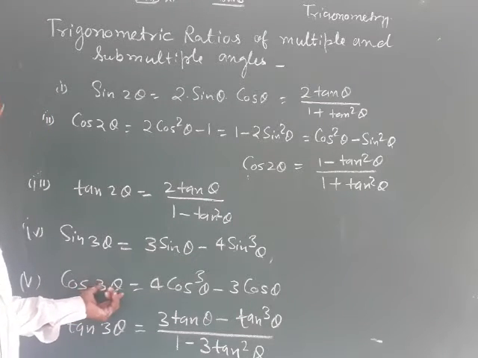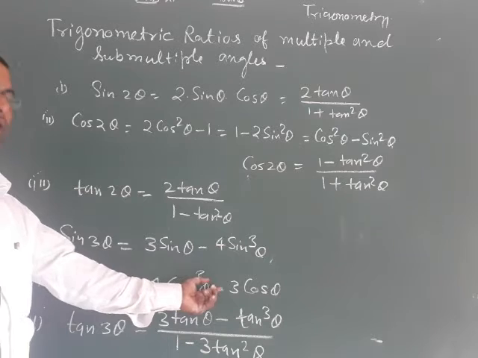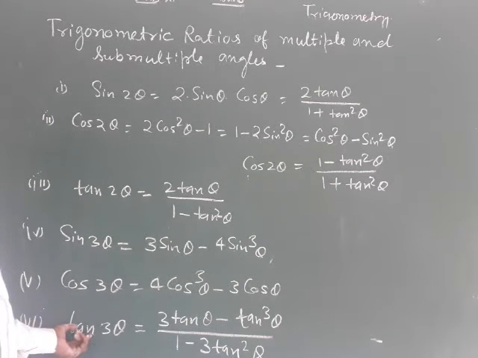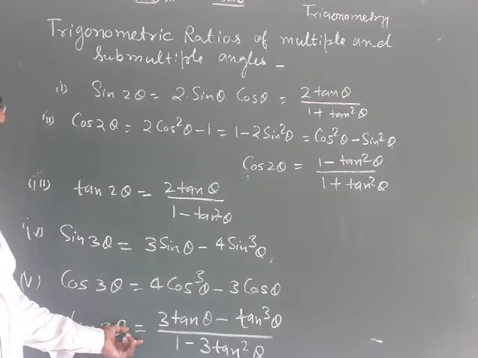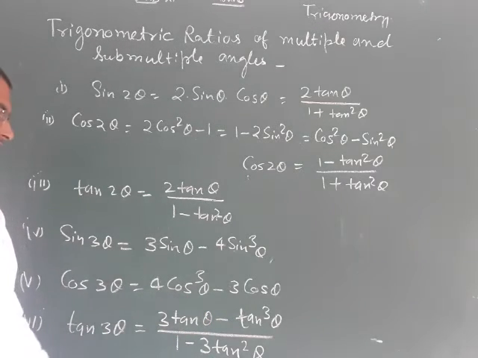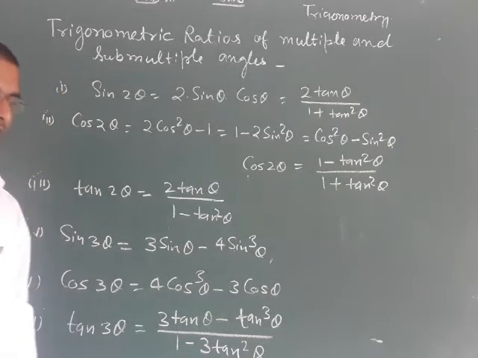And tan 3 theta is equal to 3 tan theta minus tan cube theta upon 1 minus 3 tan square theta.